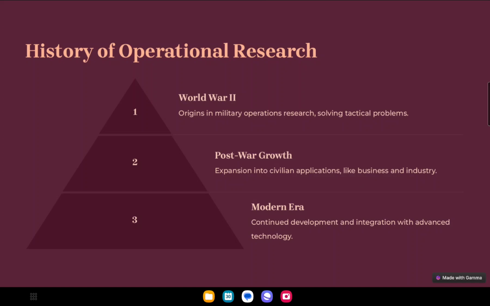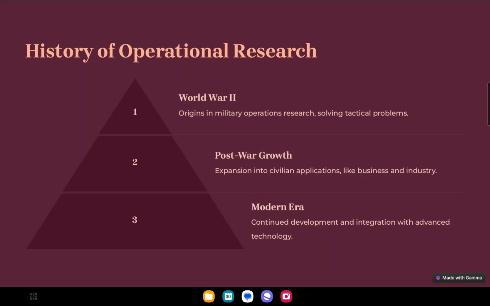Researchers analyzed tactical issues such as resource deployment and supply chain optimization. Moving on to the post war period, operational research expanded into civilian sectors, especially in industries like manufacturing and business management. Organizations recognized its value in tackling non military challenges as well.